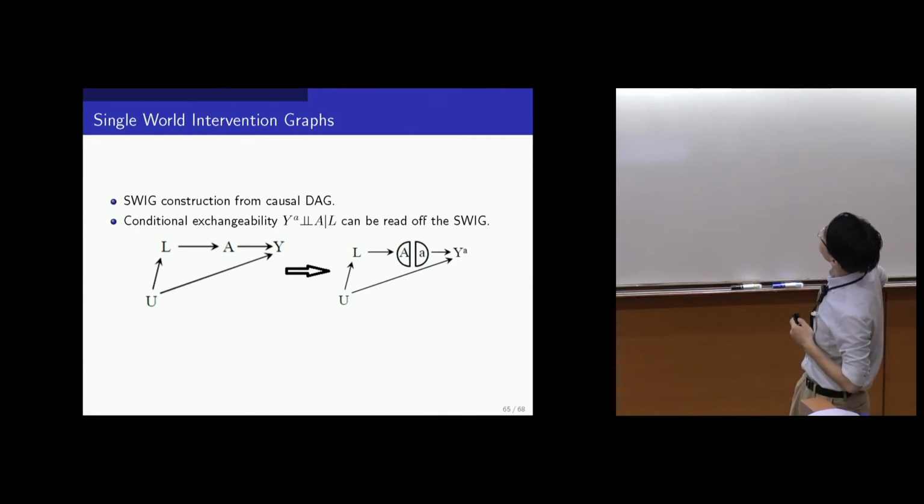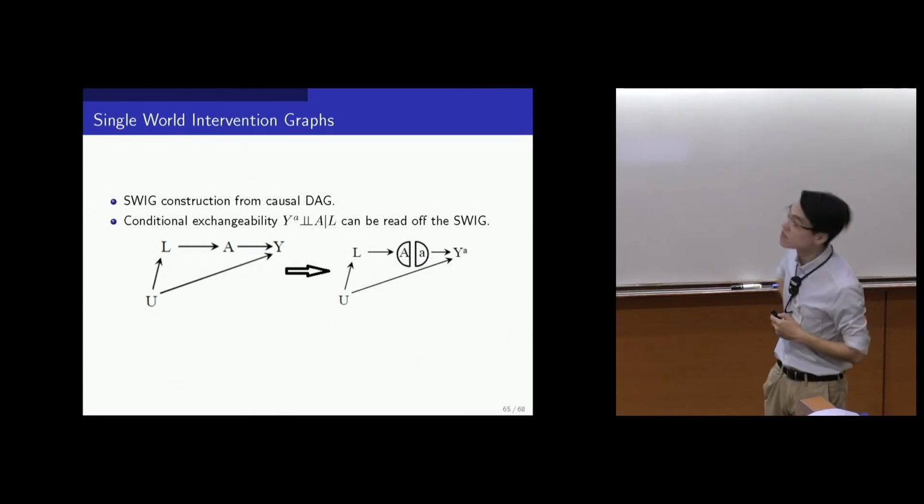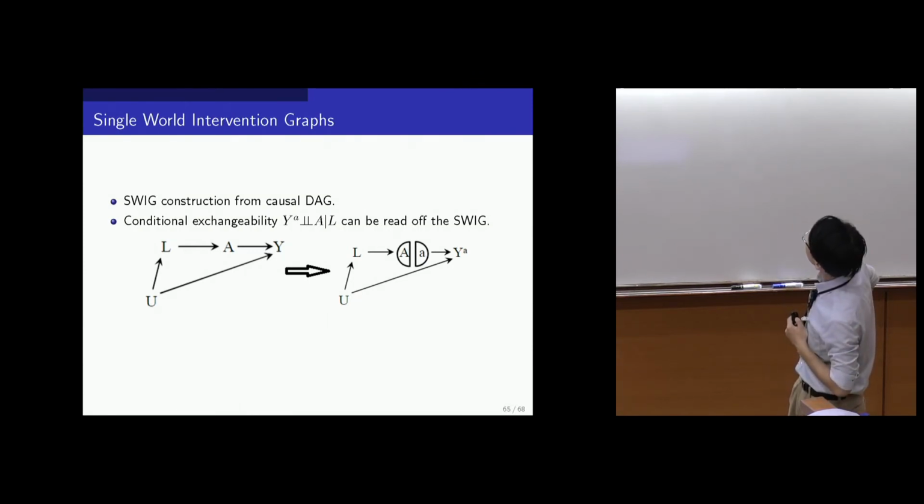So we can think of the SWIG as intervening on the treatment variable. So this is the same for everyone in the population, little a, right? And because this is the same, there's no arrow going into this node, right? So these two parts will be separated.